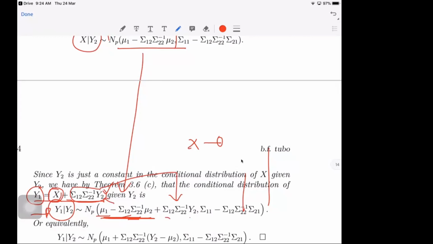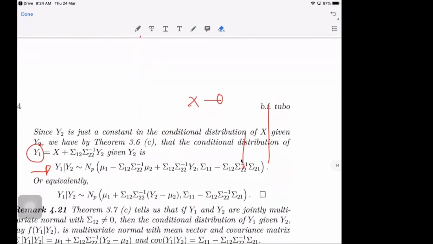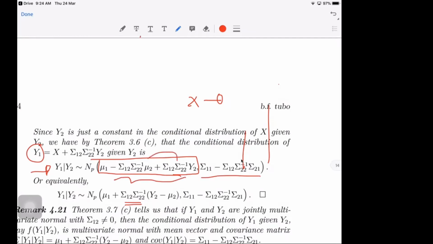So y2 is just a constant. So you write it back here. So it means that you have this as the mean vector for y1 given y2. You still have the same covariance matrix here. Or equivalently, after rearranging this or factoring out sigma 1 2 sigma 2 2 inverse from this term, you will have this one, which is what we want to get.